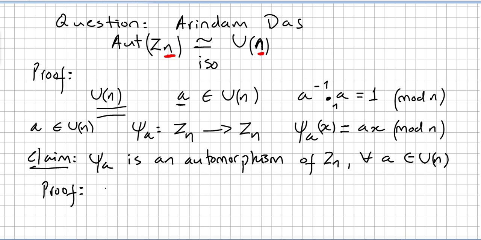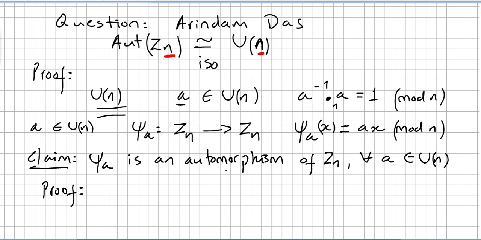In order to prove that this is an automorphism, we have to prove that the mapping is one-to-one, is onto or surjective, and is operation preserving. If you don't remember this, you just go back to my previous videos.